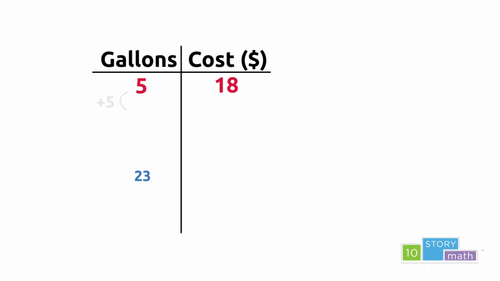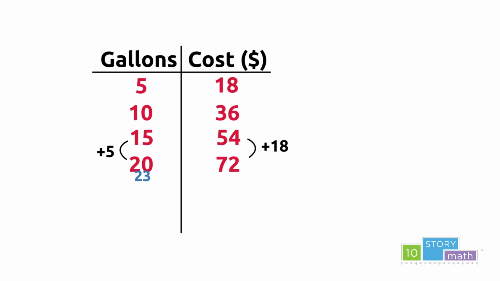My car will need 23 gallons of gas, so let's just continue the pattern until we get to 23 gallons. Every time I add another 5 gallons of gas, I will need to add $18. So 10 gallons will cost $36. 15 gallons will cost $54. 20 gallons will cost $72.